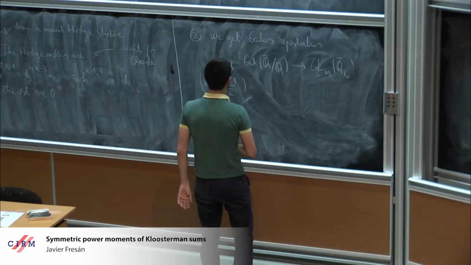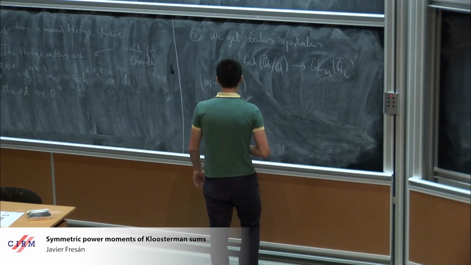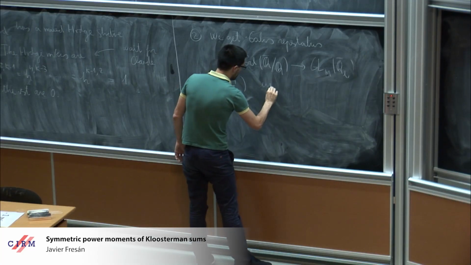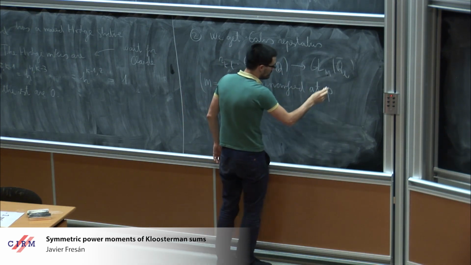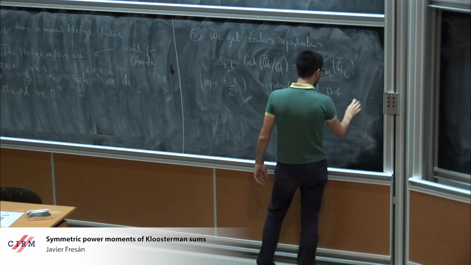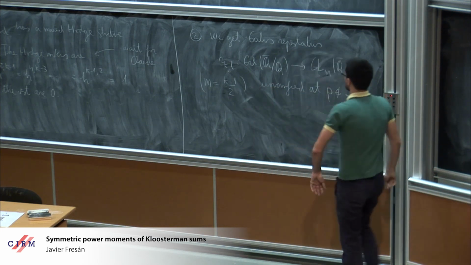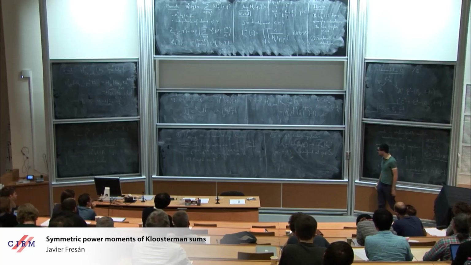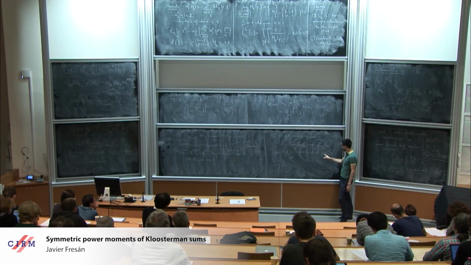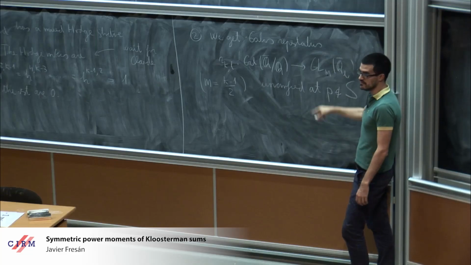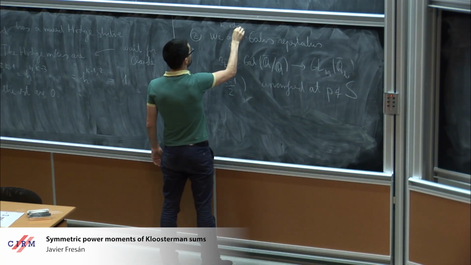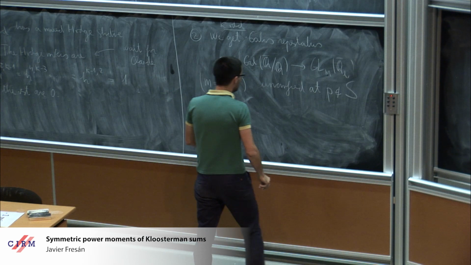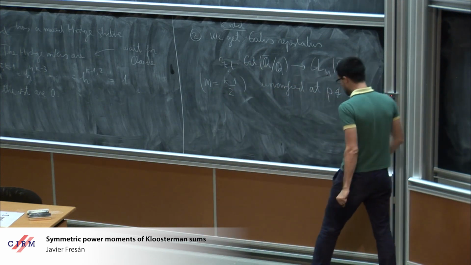Okay, and then these Galois representations have the property that they are unramified at primes not belonging to big S. So if P is a prime which is larger than K, I'm again discussing the K case, then the representation is unramified.